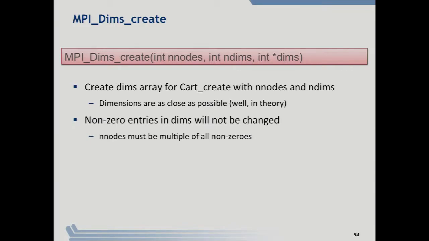So forget 520. Let's say you have 30 processes, and it's a 2D mesh. Should you do it as a 6 by 5 or a 10 by 3 or what? You don't know. So MPI will suggest something, and unless you know better, no harm in going with the number suggested. What's the basis of the MPI suggestion?